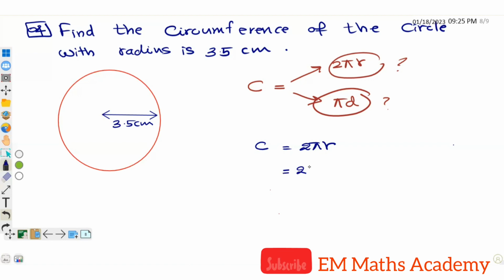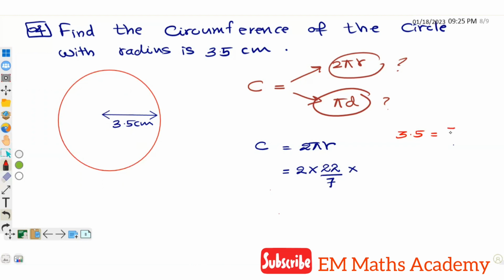Well, 2 times pi is substituted by 22 upon 7, times r. When you substitute r, now here look at 3.5. What can we write instead of 3.5? What do you suggest? 7 upon 2. Very good.